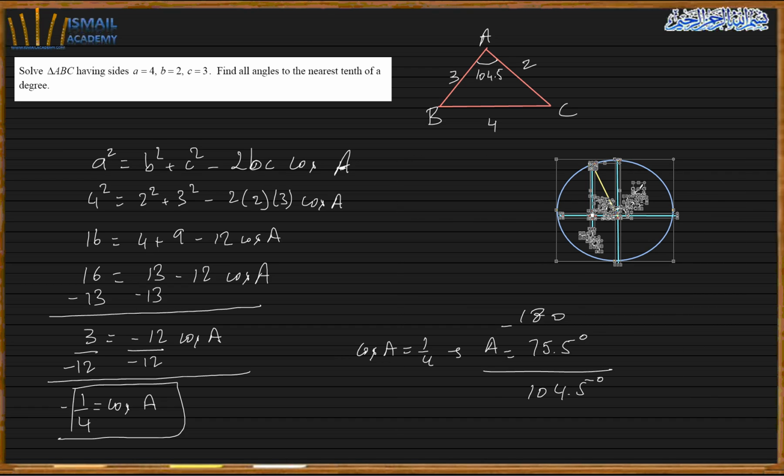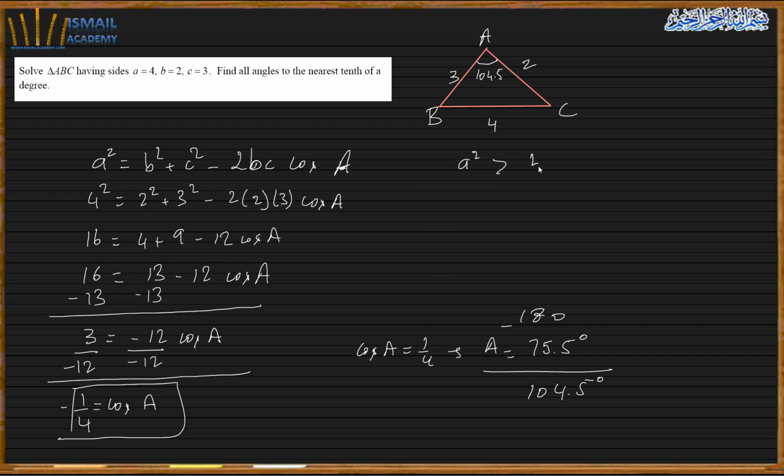And one more thing, which is something that you learn in elementary school, is that you have to check if this one squared is greater than this one squared plus this one squared. That means this is obtuse. If a squared is greater than b squared plus c squared, that means A is obtuse. If a squared is equal to b squared plus c squared, this is a right triangle.